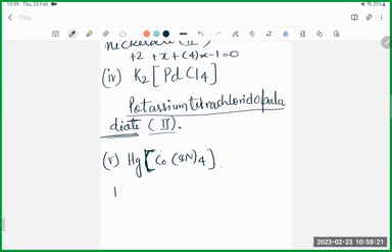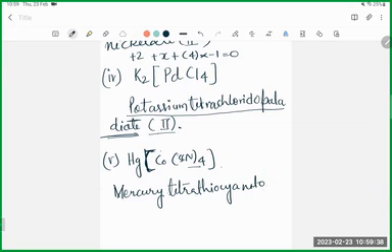See, mercury, right? Tetra. And what do you call this? Thiocyanate, SCN, right? Since S is ligating, we write S. And then we write the cobaltate name.